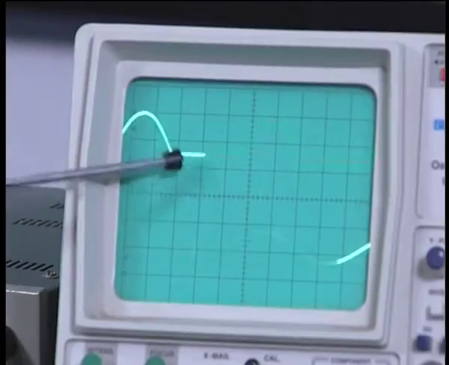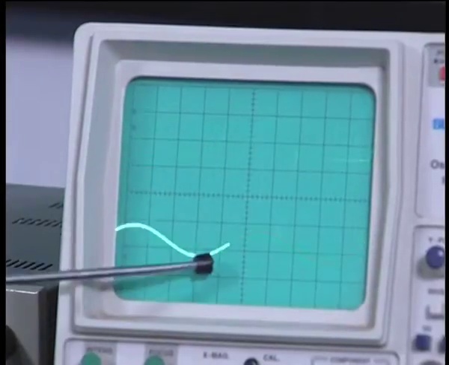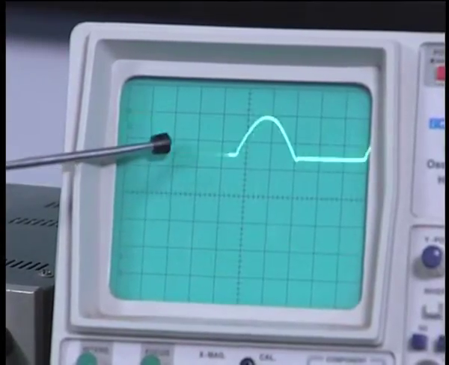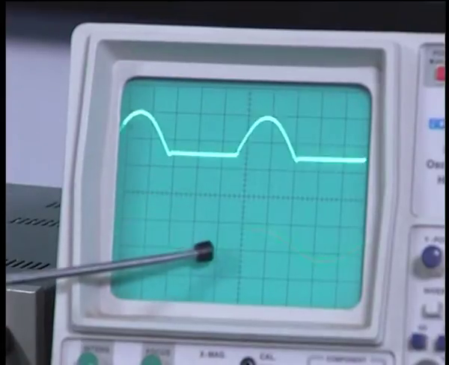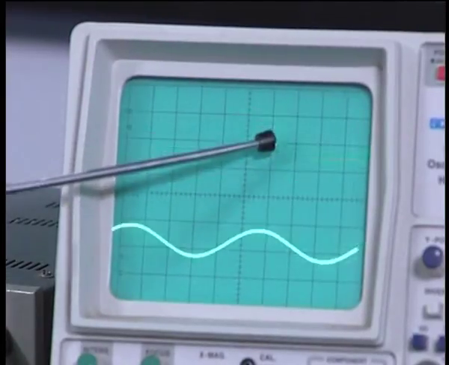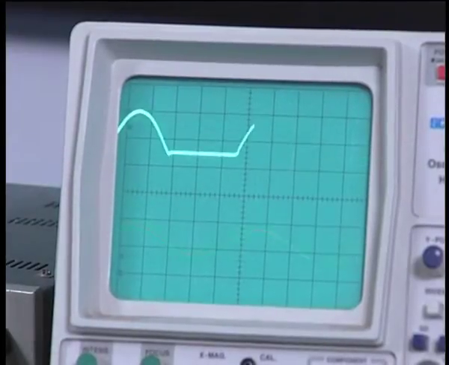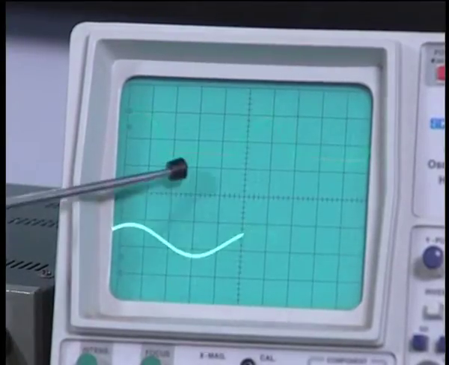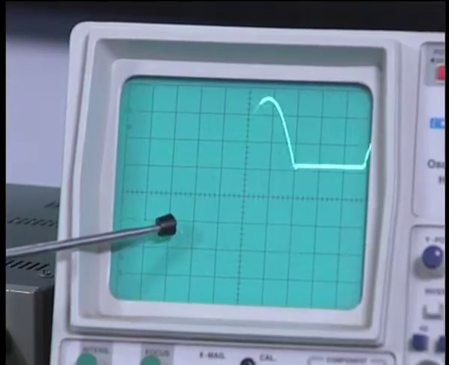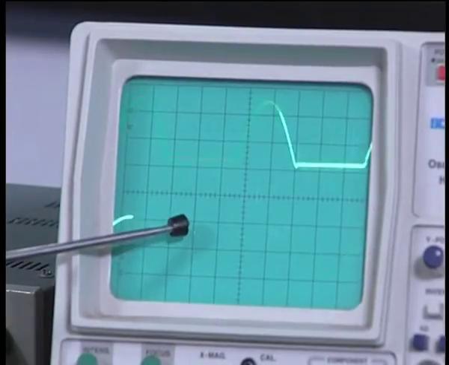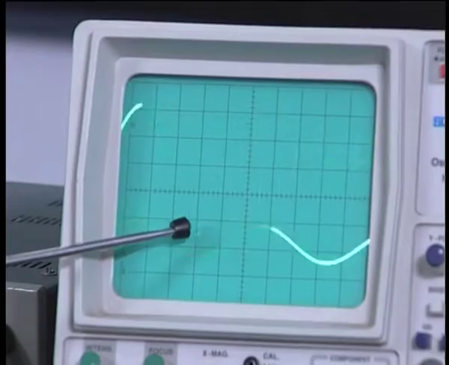After rectification, you can see a half wave rectification is achieved. You do not have any output when the signal is going negative, and when the signal is going positive, you get that alone coming here. Now, I will vary the amplitude, and when I change that, the output amplitude also varies. If I change the frequency, the output also changes.